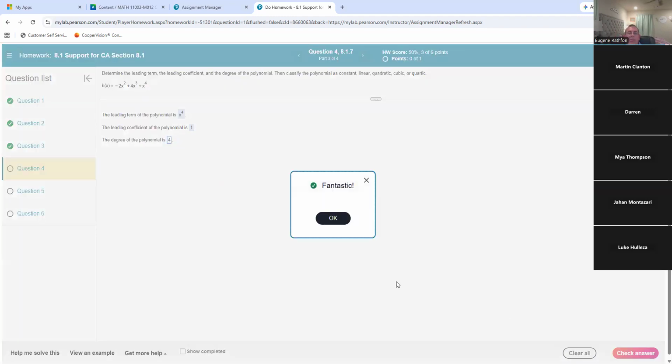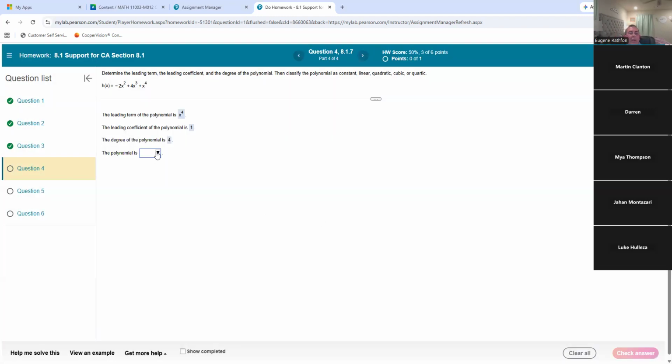And then it's probably going to ask y'all the classification. All right, so what type of polynomial is this? Constant, quartic, linear, cubic, quadratic. All right, so that's quartic. Good job.